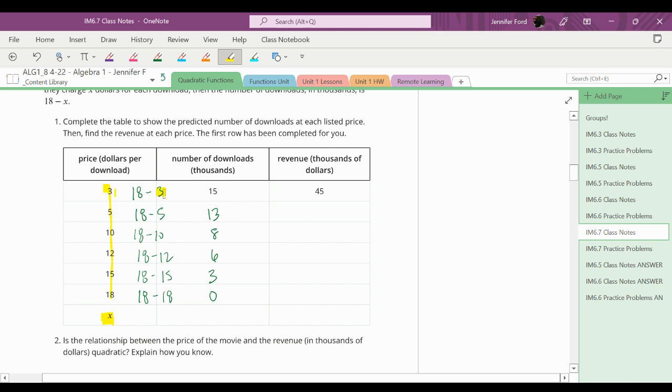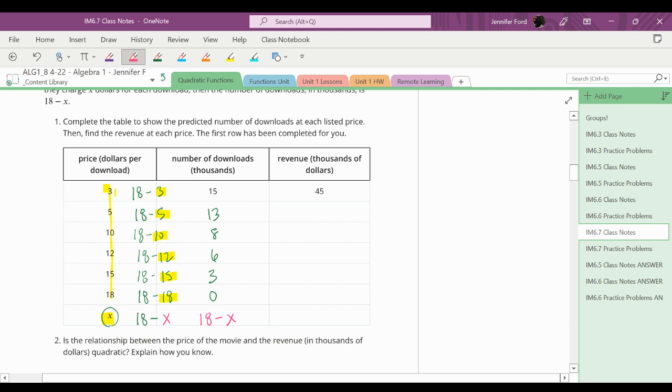In this case, it's 18 minus 3, 18 minus 5, 18 minus 10, 18 minus 12, 18 minus 15, 18 minus 18. It's always 18 minus the X value. So that's what I'm going to do. 18 minus X. So then my number of 1,000 downloads, 18 minus X.